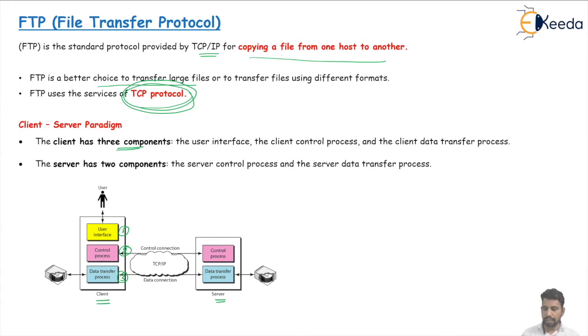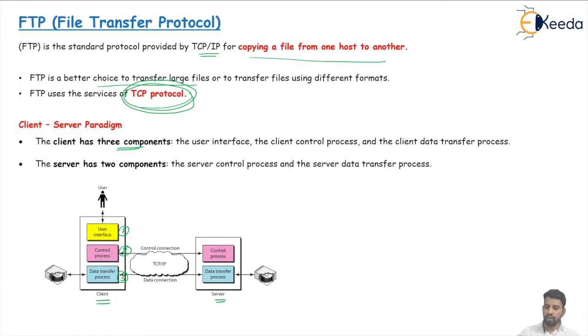Third is the data transfer process, which opens when you want to transfer data, because the connection is open between the client and the server, but only when you want to transfer data does the data transfer process take place.